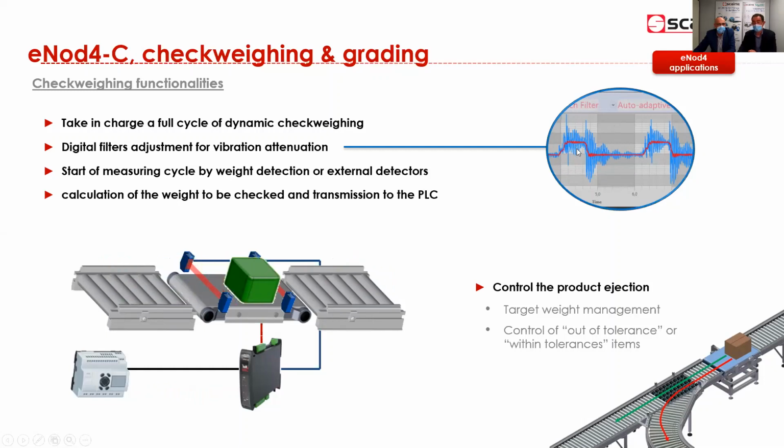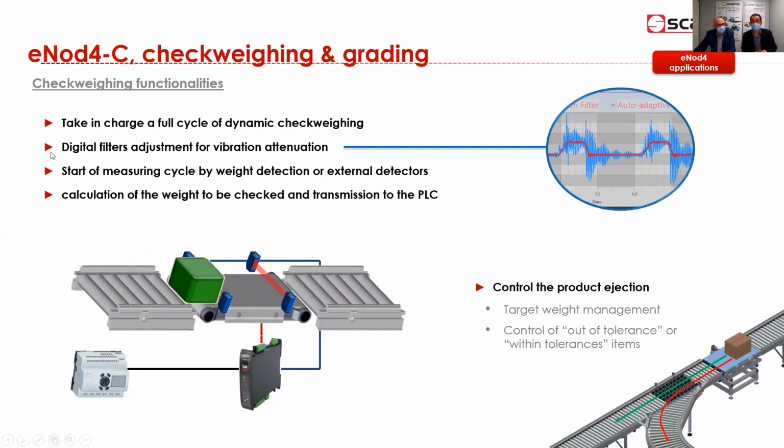In blue, you can see the raw signal coming from the load cell, which is very noisy, because in such a system, when the product arrives on the scale, it necessarily generates a strong level of vibrations that you can filter using our adjustable filters. And in red, you can see the filtered signal.